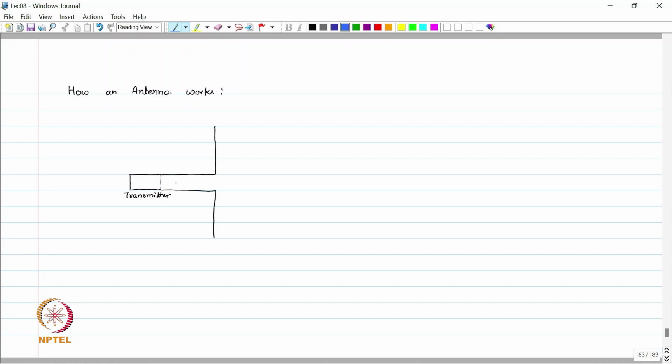So let's say blue is the electrical signal, and when this electrical signal comes to this piece of metal which is the antenna, it starts radiating, and let's say this radiation is shown by this red graph. So these are the waves, or the RF waves, which are generated using the electrical signal.